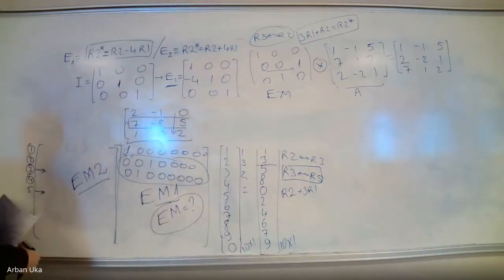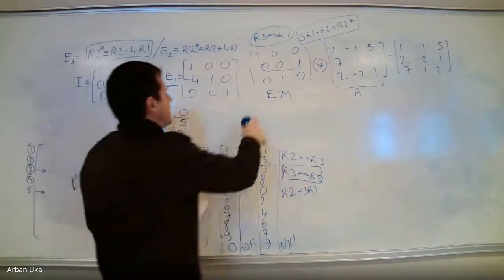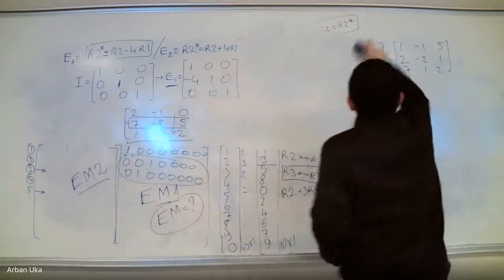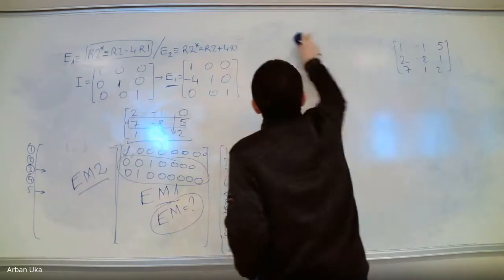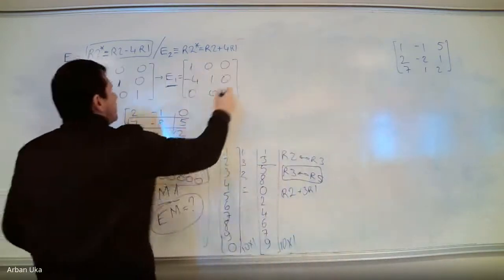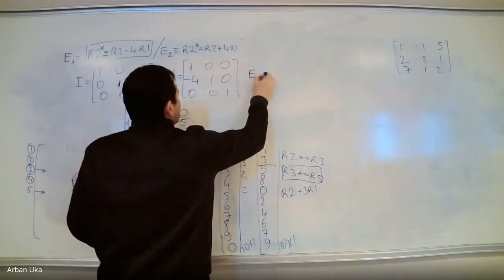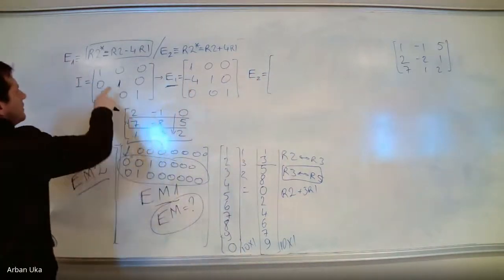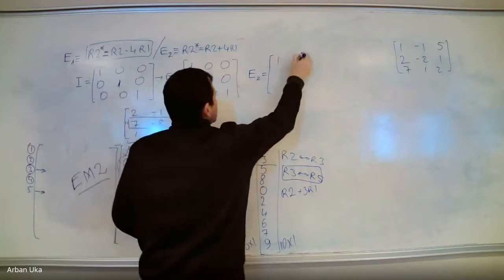Now, we found this. And actually, let's try to identify E2. E2 is now, the first row is not changing.